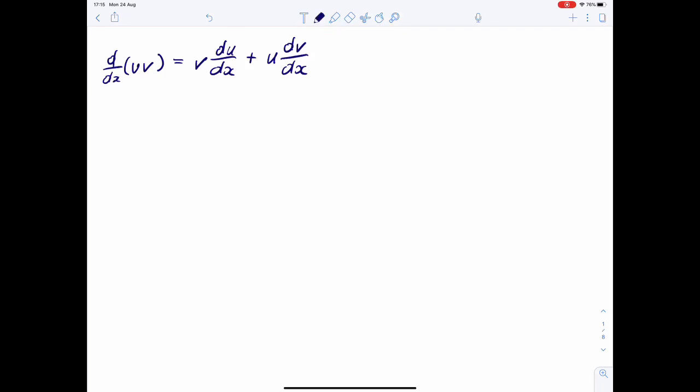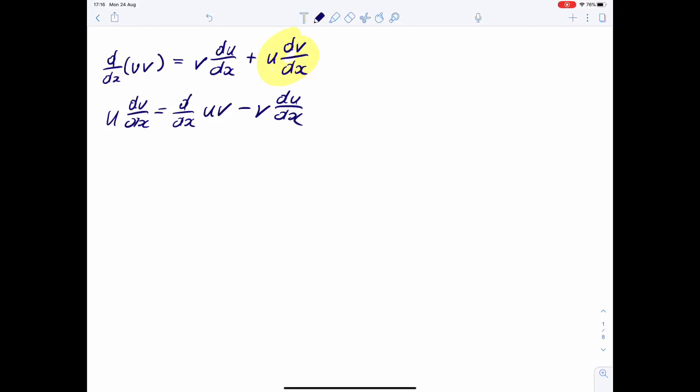So let's rearrange this a little bit to make u dv/dx the subject of our equation. So u dv/dx is the same as d/dx of uv minus v du/dx.